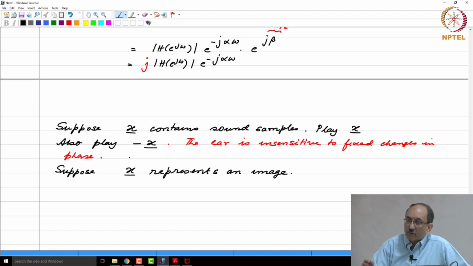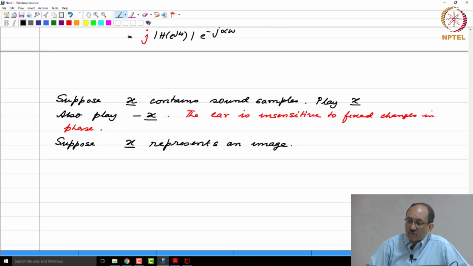So, what they have done is they have taken a periodic square waveform which you can play, and then they have broken it down into its Fourier series components, and then what they have done is for each Fourier series component they have randomized the phase, and then you can play the signal by reconstructing it after randomizing each phase of each harmonic. Again, if you close your eyes and listen, you will not be able to hear any difference. So, this is another illustration of the fact that the ear is insensitive to phase.